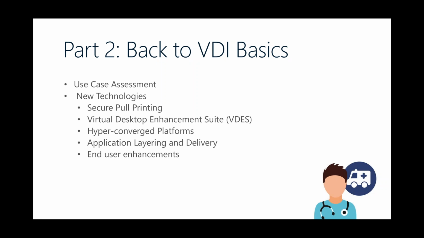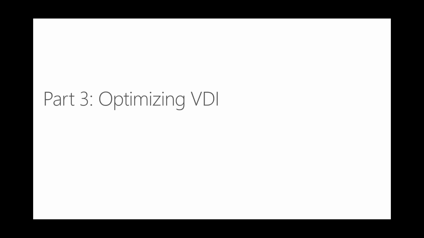So I think the first two series really highlighted how you would approach some of these projects and how to get off on the right foot with addressing some of the complicated user needs. Absolutely. Okay, let's get into what we want to talk about today, which is optimizing VDI.